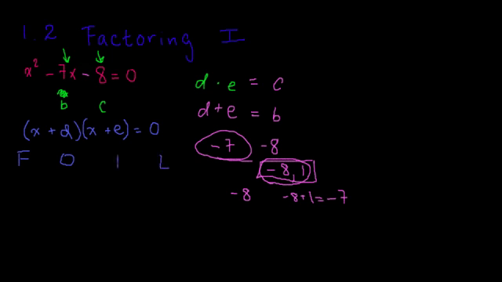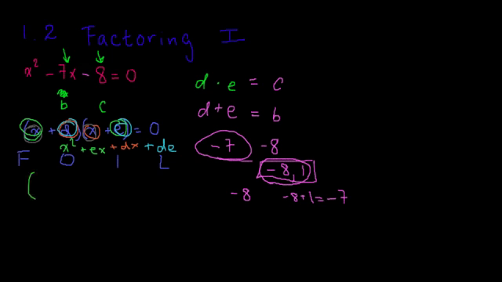So you multiply these two right here, then these two, so that would be x squared plus ex, and then these two, so that's plus dx, and then these two, so that's plus de. And when you add, if you have numbers, those will add together and you'll get a normal number.